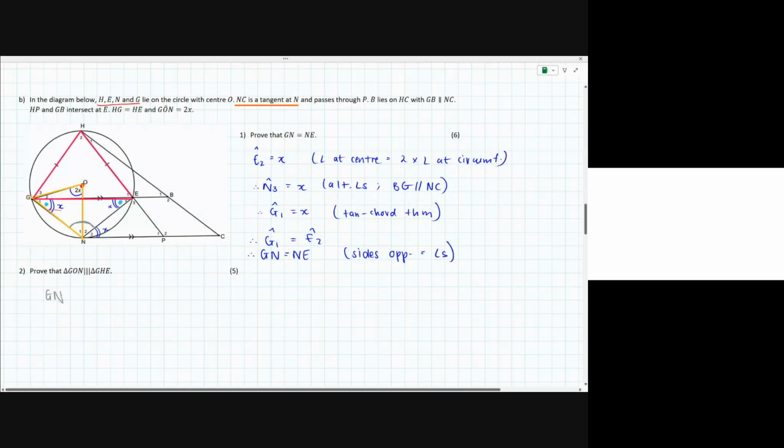So GNE would be equal to 180 minus 2x, because remember G1 and E2 are both x. And that's useful to me because it's a cyclic quad. I can work out the size of the angle opposite. So therefore H2 is equal to 2x because of opposite angles of a cyclic quad.